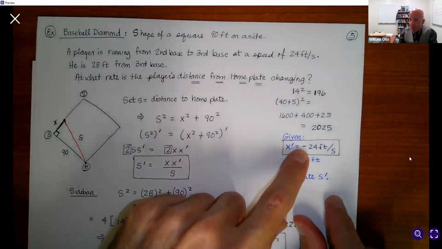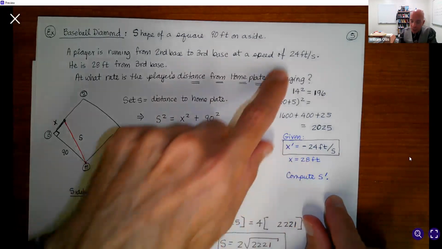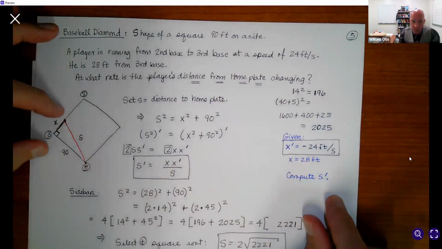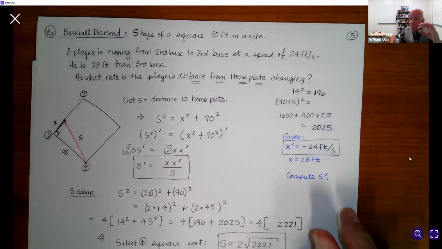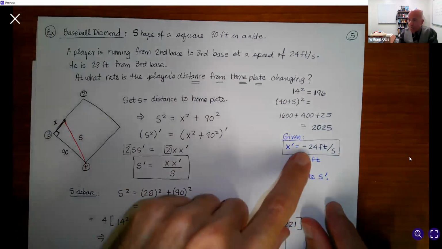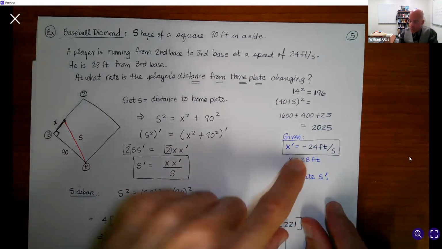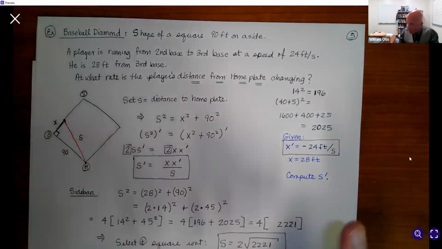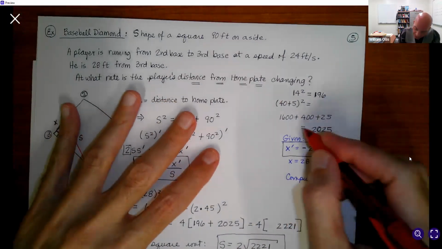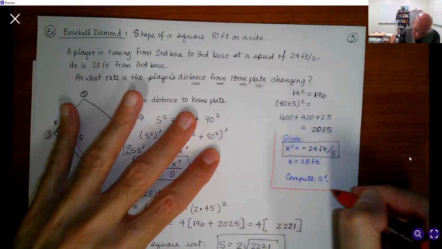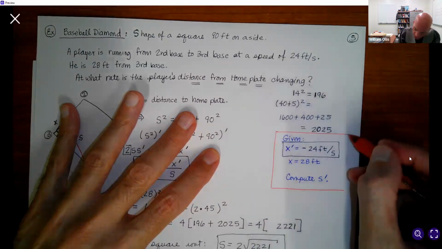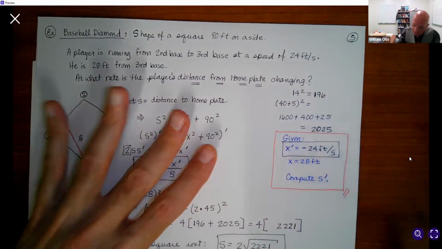So I have to go back and fix that. I mean, we have this, but relative to the diagram we have here, x is getting smaller with time, and we realize that with the additive inverse of 24 feet per second. So that's very important. So again, the given will change relative to the geometry of the situation.